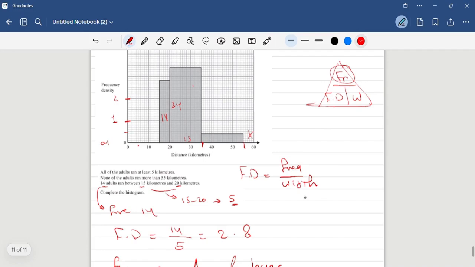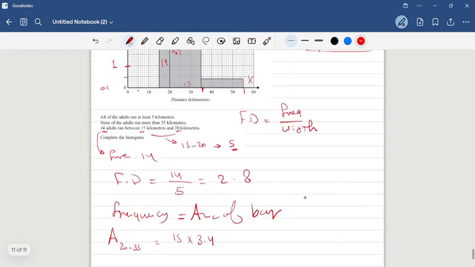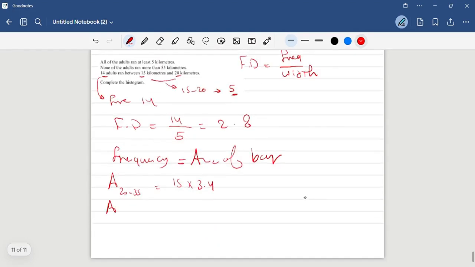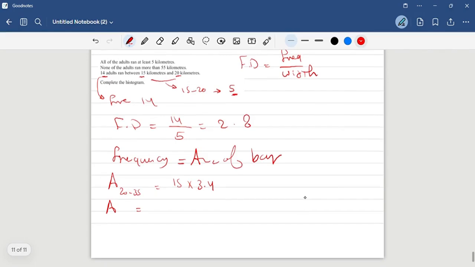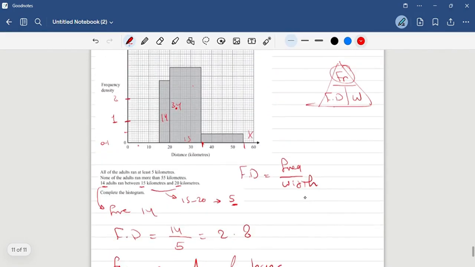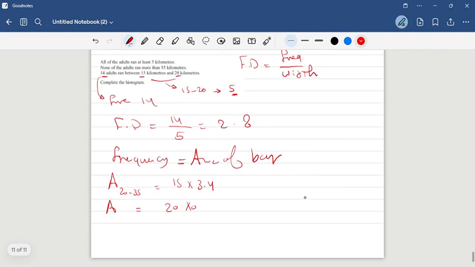So it will be 20 multiplied by 0.4. It's 3.4, as we said here. The other one would be 20 because it started at 35 and ended at 55. So the width will be 20, multiplied by the height, which is only 0.4. Okay?